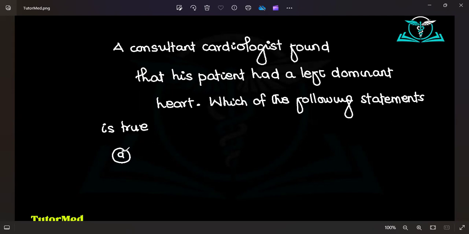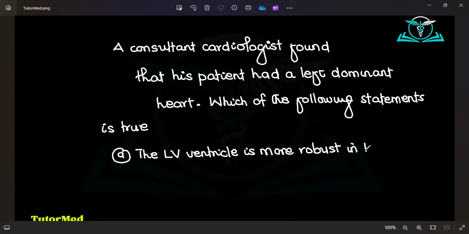A, the left ventricle is more robust in this patient.